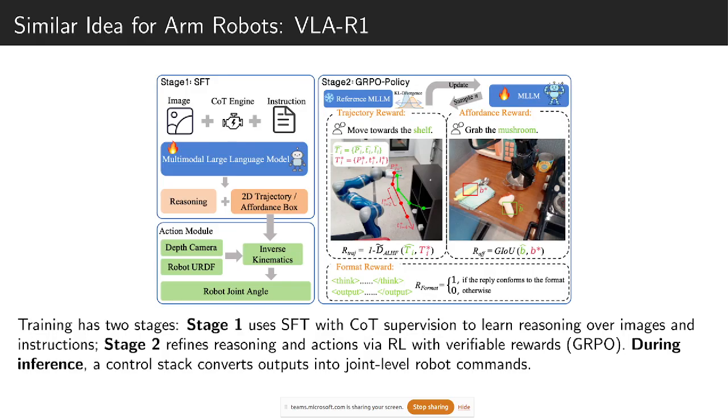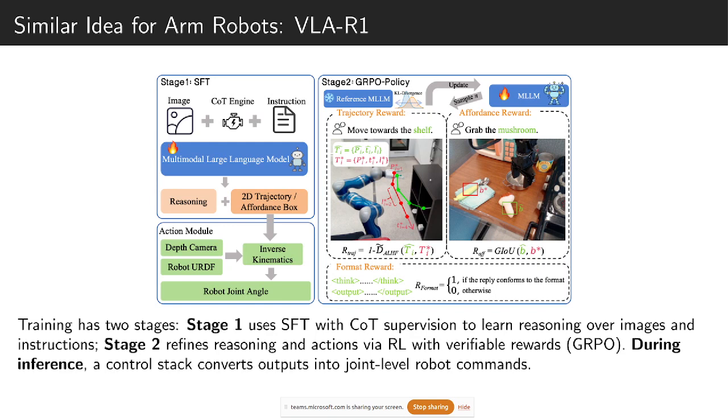One is you want to have a precise affordance of the object. You want to detect the target object as precisely as possible. The second is you want your trajectory as clean and as precise as possible. Those are the two main perspectives you care about for your VLA or ARM type manipulation.